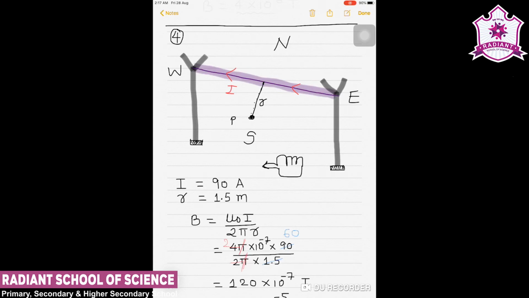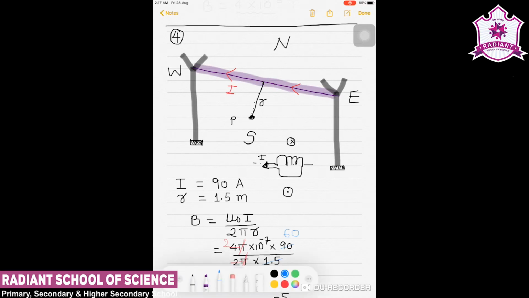So if this is the thumb showing the direction of current, then the magnetic field will be divided like that. In the upper part it will be moving inside, and in the downward part it will come out.